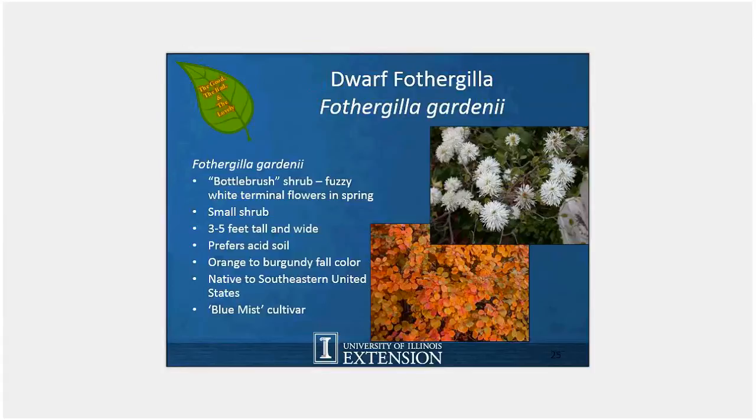Dwarf Fothergilla, if we can make personal notes here, this is probably one of my favorite shrubs for the landscape. As you can see, the little white ball-shaped or bottle brush-shaped flowers have a fuzzy look to them in the spring.